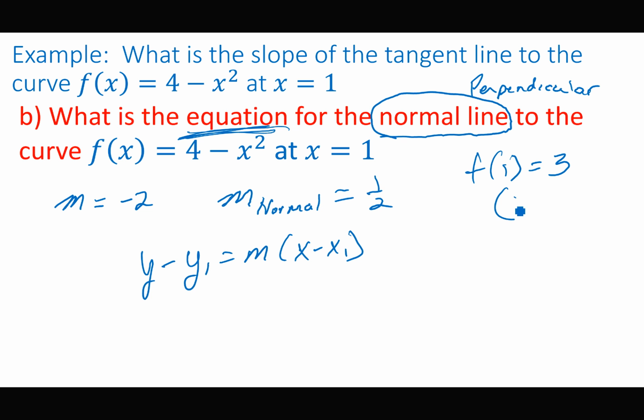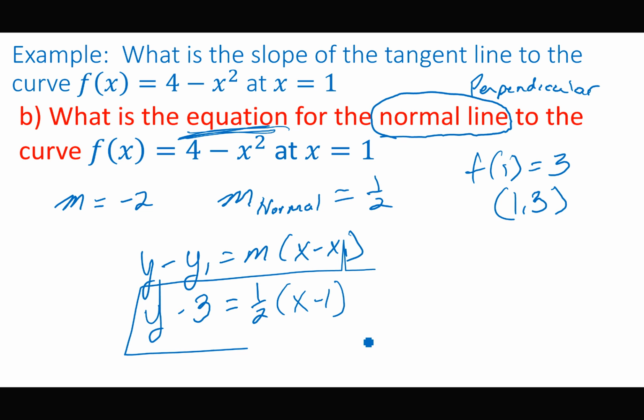So I know a coordinate point is going to be 1 comma 3. Sorry about that, backwards. So y minus 3 equals my new slope, 1/2, times x minus 1. Done. That is the equation of the perpendicular line to the tangent line, the normal line.